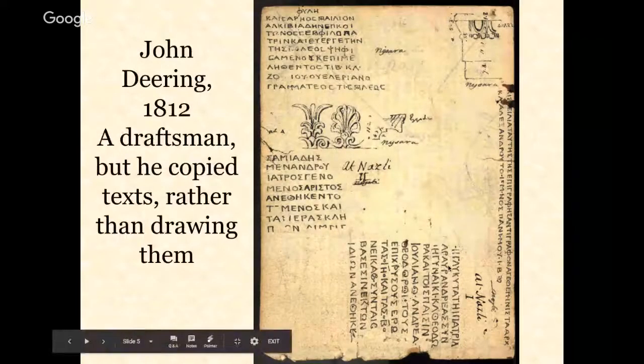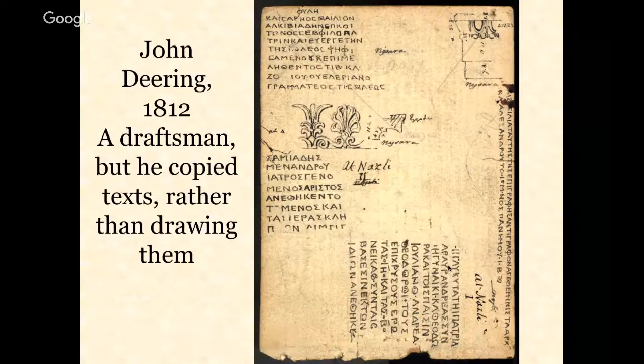This man, John Deering, a little later on, was another draftsman. And as you can see, like Wood, he was perfectly capable of representing architectural features. But when he recorded the inscriptions, all he recorded was the text. He did replicate the layout, as Wood had done, but there is no indication of what the support is like.